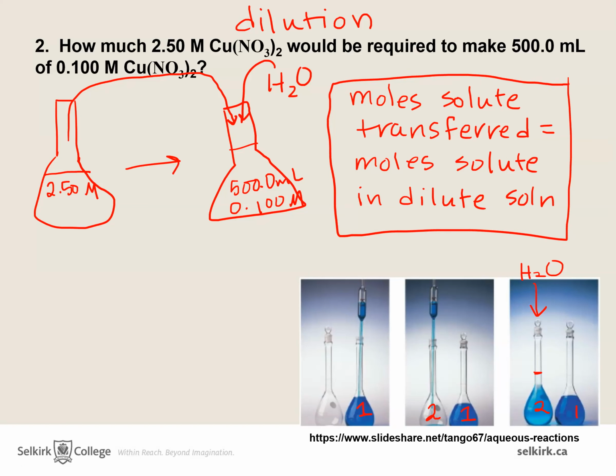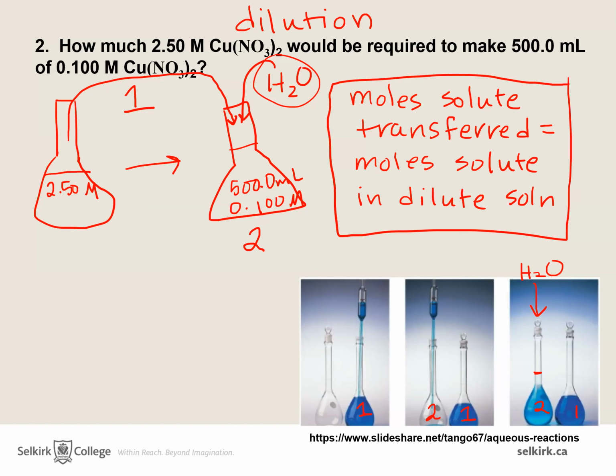And that's because all of the solute in flask number 2 came from flask number 1. The volume of the solution was increased by the water, but that didn't add any more solute. So the moles that came from number 1 ended up in number 2. Let's see if we can solve a problem with that equality.